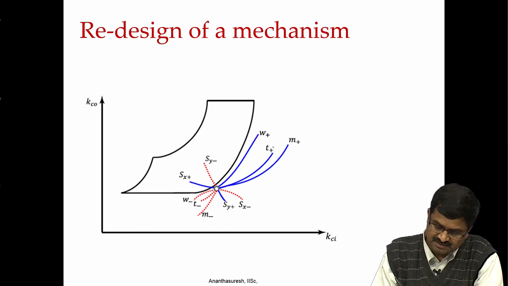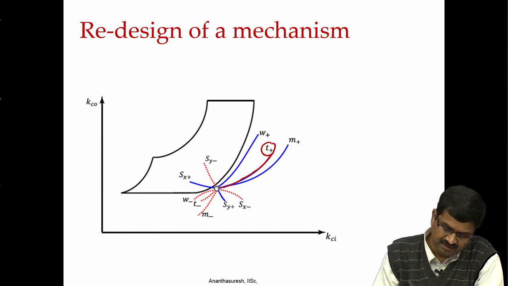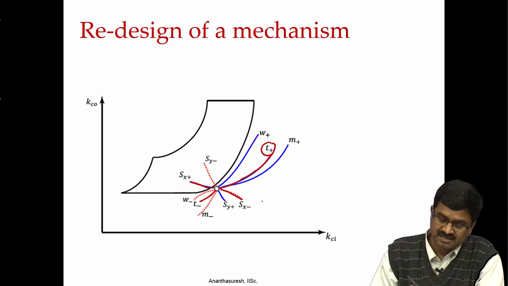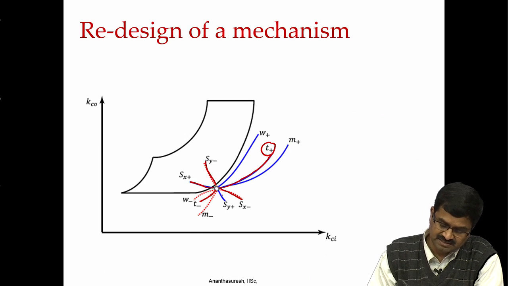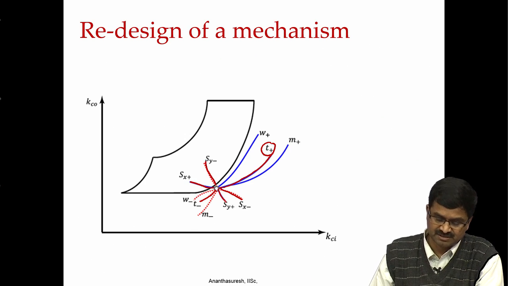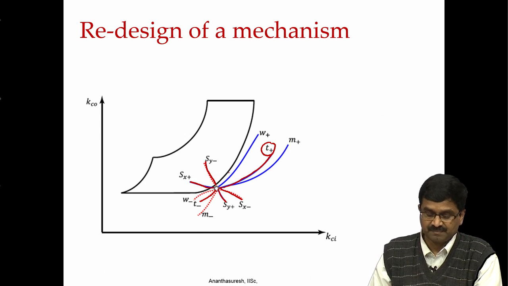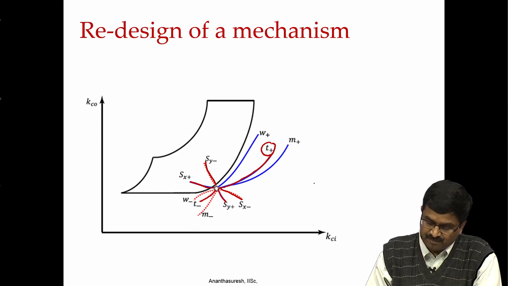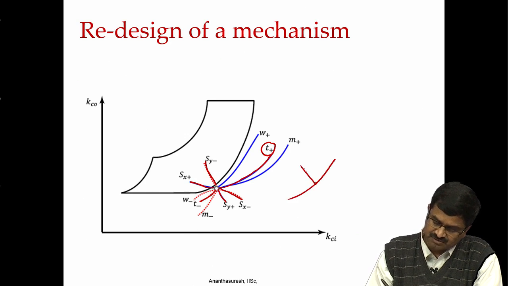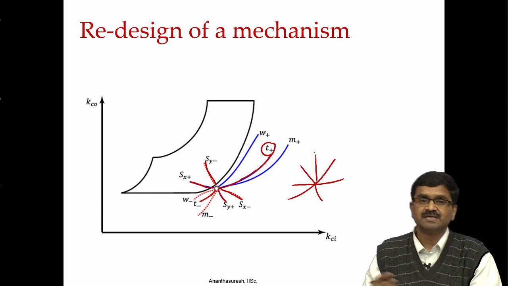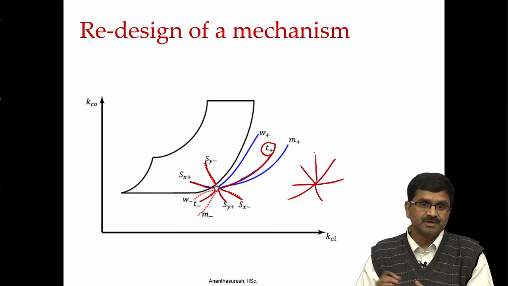If I say T plus, that means from where you are you will go like that, and T minus you go the other way, and similarly Sx plus, Sx minus, that is an increase or decrease in the size, and an increase or decrease in the size in the y direction, or you can change material and so forth. So, every point will have a lot of options to go based on these parameters, and that is how we redesign.